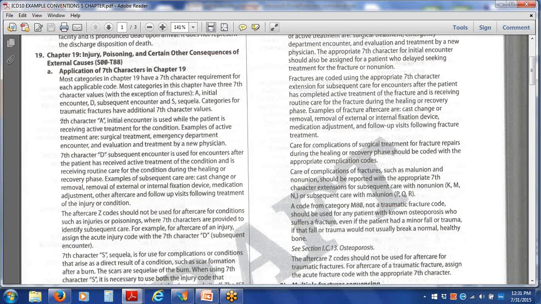The seventh character A means initial encounter, and this is the code to use if you're using an S code that requires a seventh extension. You'll need to know what phase of care you're in. The initial encounter is used while the patient is receiving active treatment for the condition. Active treatment can be surgical treatment, an emergency department encounter, and evaluation and treatment by a new physician.